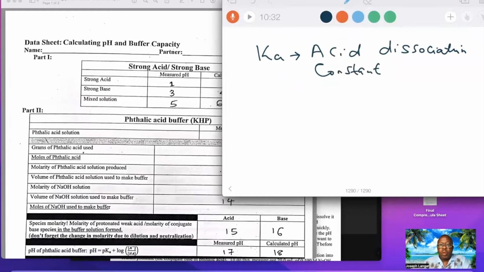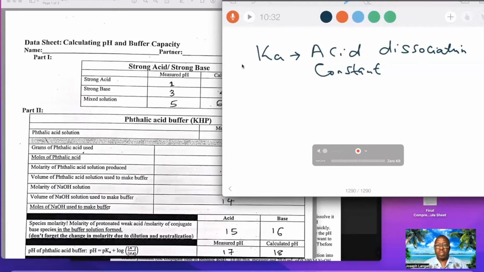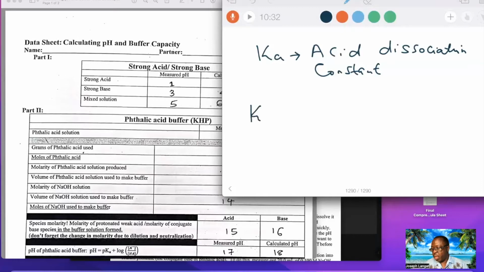At times you may not be given the acid dissociation constant, but you can rearrange the equation if given pKa.